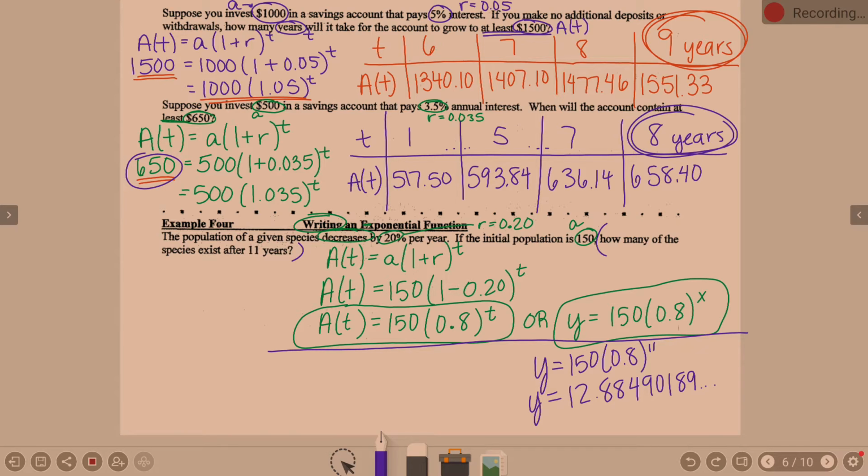What kind of answer are you going to give? Are you going to tell me that there are approximately 12.8849 of this species left? No. You're going to round.